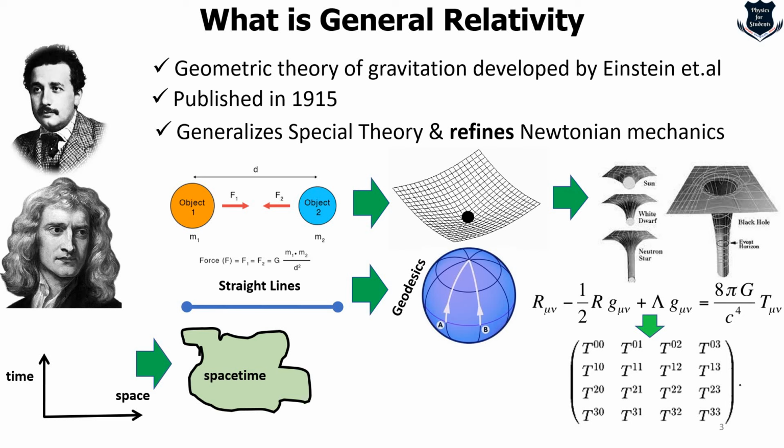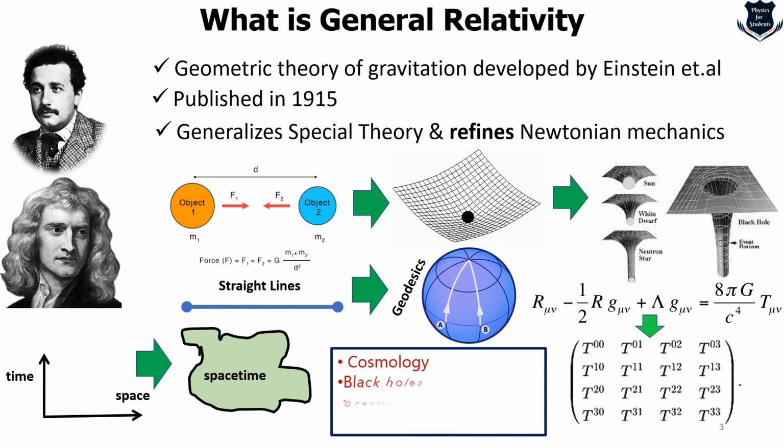So overall, what we can say is that it gives us scope to further study cosmology, black holes, gravitational time dilation, and what are called gravitational waves. And thanks to LIGO, we can actually detect and find out experimentally what are called gravitational waves. So from here we get a fairly good idea of what general relativity is.